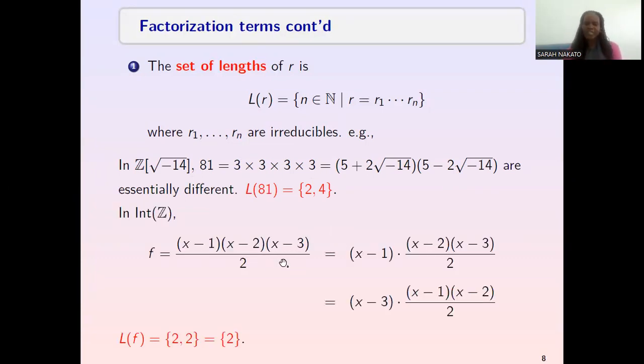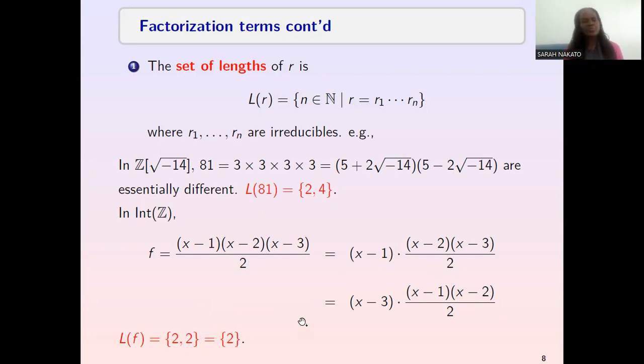Whereas for this particular element, where we had 2 irreducibles and 2 irreducibles, these two are essentially different, but they are of the same length. So our set of lengths will be {2, 2}, but for set of lengths, we don't allow multiplicities. So the set of lengths of this particular element will be just {2}.